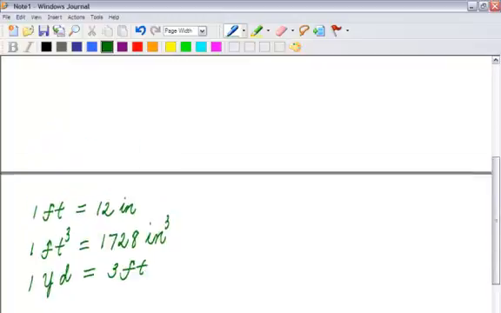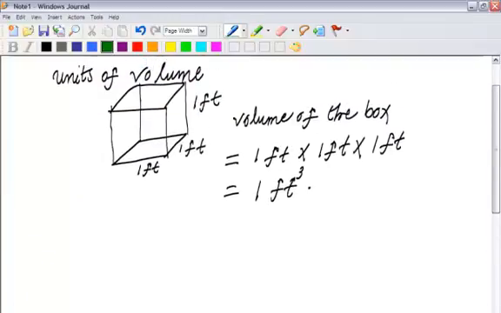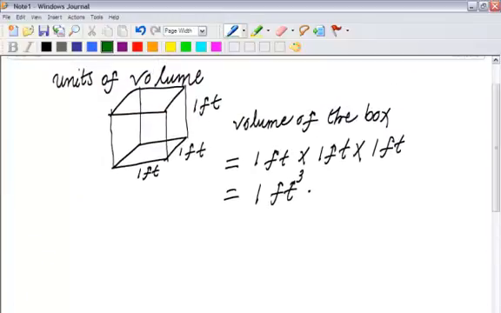You see, if I have 1 foot cube, the meaning of that, when I write 1 cubic foot, what does it mean? It means that I am multiplying 1 foot, 1 foot, and 1 foot. Is that making sense? So if I want to know what is the volume in cubic inches, what I have to do is replace each foot in terms of inches.